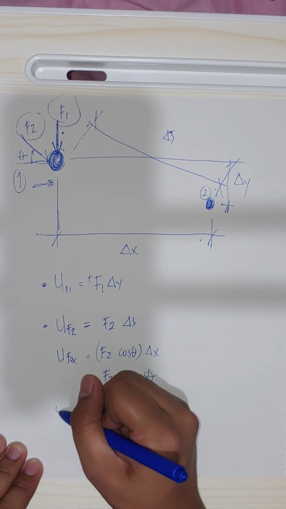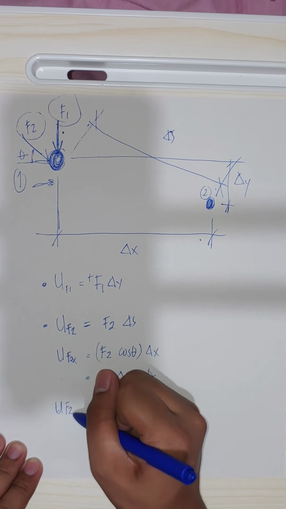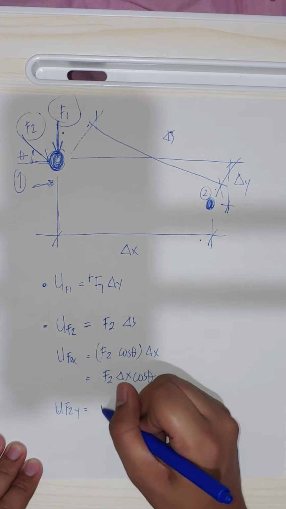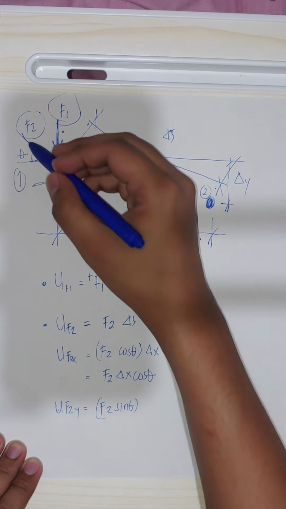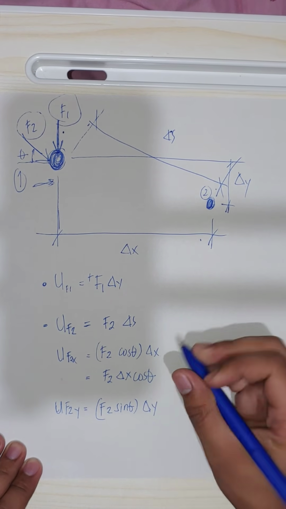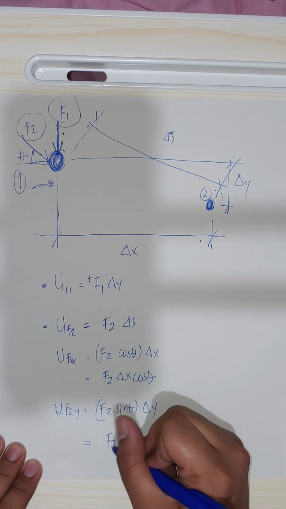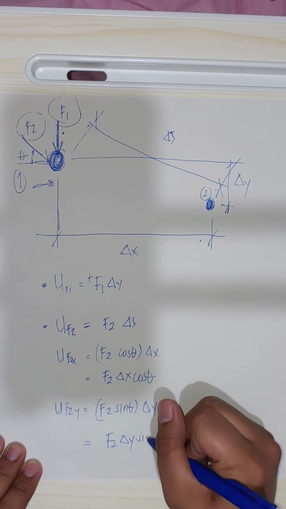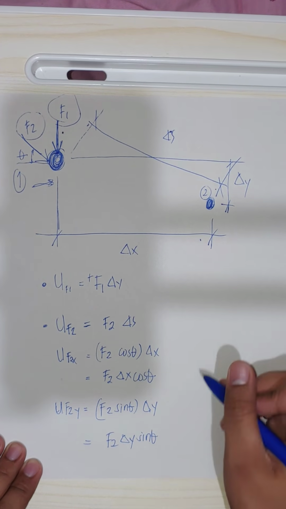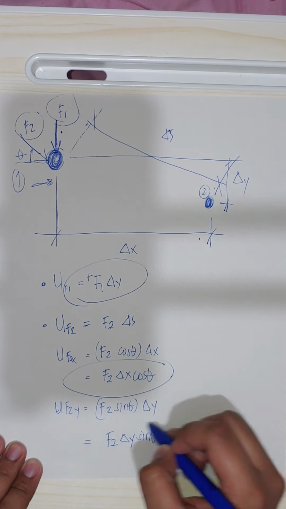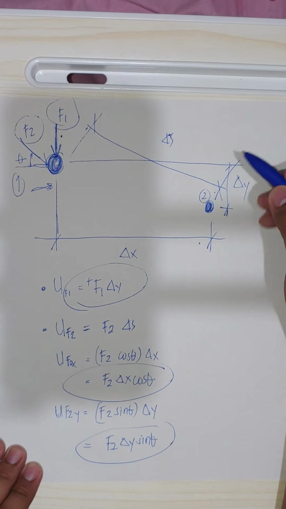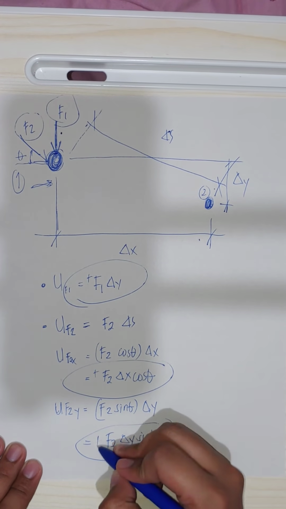And then we have the work along the y, F2y. Same, F2 sine theta, the y component of F2, times delta y, or equal to F2 delta y sine theta. So the total work done for this example, this is positive, this is positive.